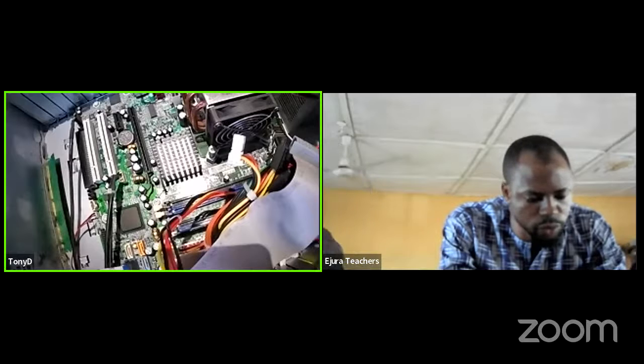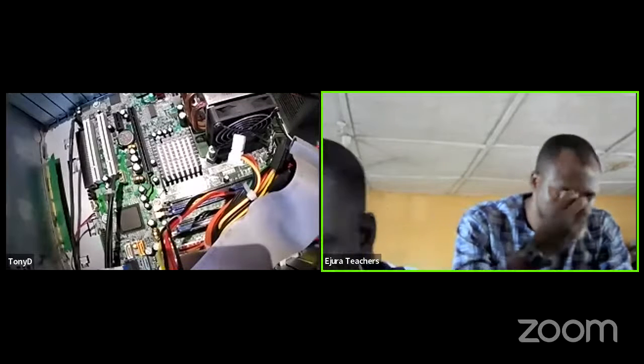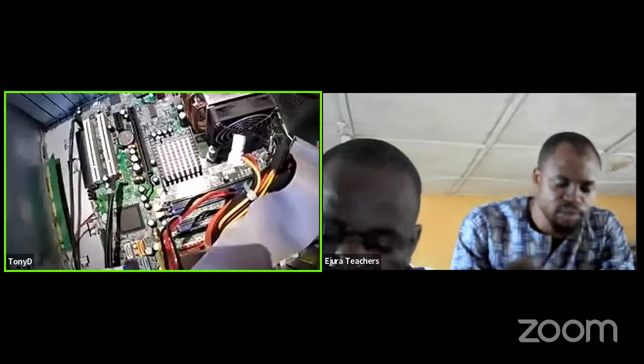I'm saying this because have we heard about the processor, that they say this is i5, this is i7, this is i3? We've heard it, right? Yes.